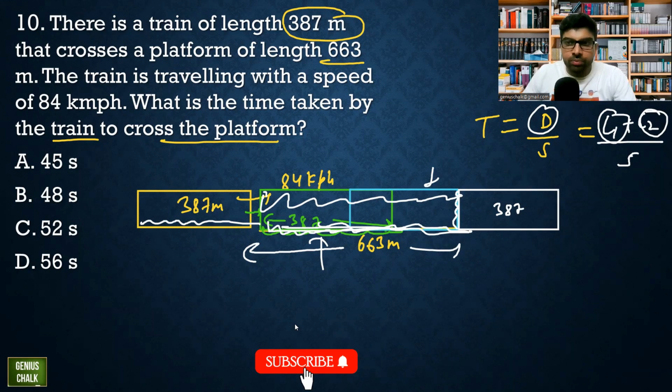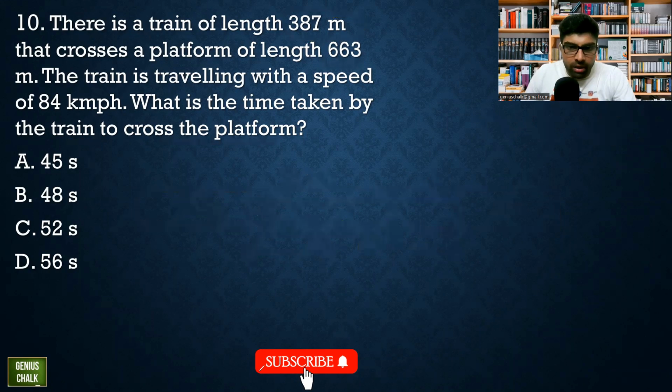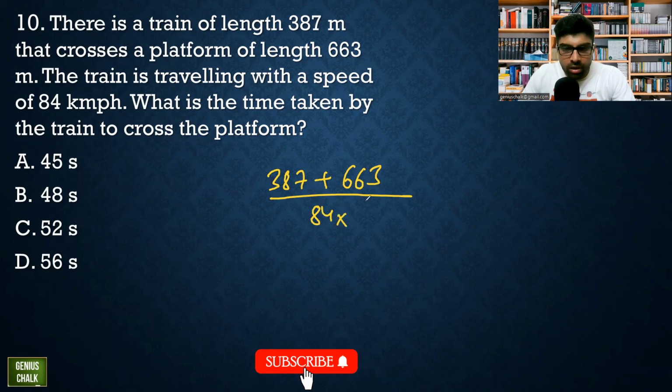So what is that? L1 is 387 plus. So in the exam you will directly solve like this. The lengths have to be added, 387 and 663, by total speed 84, and this is in kilometer per hour.